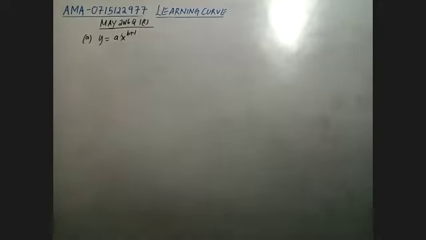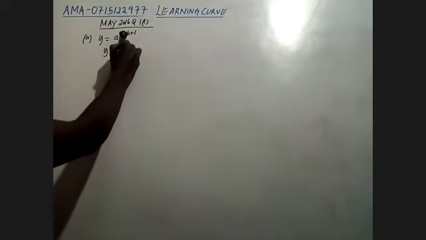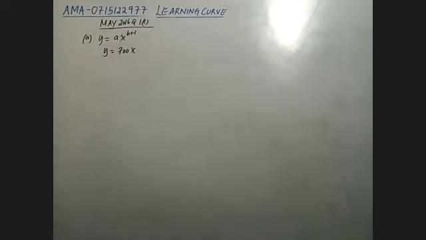Y is equal to a x to the power b plus 1. Now, what's our A? Our A is 700 hours. For how many units are we supposed to find? 40.